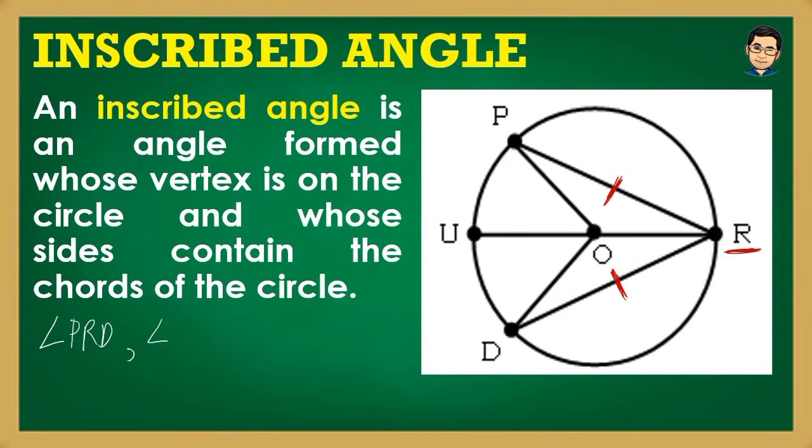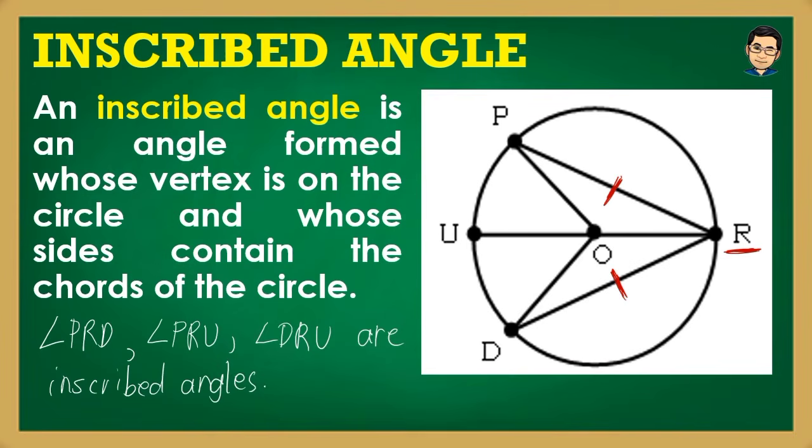Angle PRU, angle DRU are inscribed angles. So, kagaya din ng central angles, pinapangalanan natin yan using 3 letters or kaya naman yung vertex. And then, make sure that yung vertex niya, kung 3 letters ang gagamitin, nasa gitna po yung vertex, which is R. Kung mapapansin nyo, dun sa mga example natin yan, yung R na vertex is lagi siyang nasa gitna.